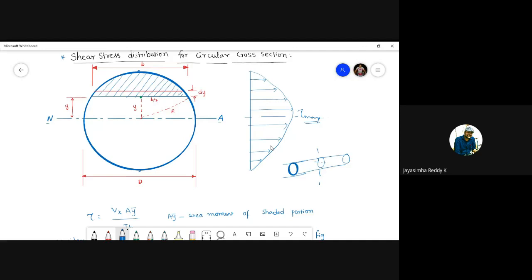So it applies for this, for this, and for this also. Only thing is Vx changes from here to here. So at this particular cross section, what is Vx? That will be given in the problems. So for circular cross sections also, at extreme fibers, shear stress is 0. Is it clear? Yes, sir.